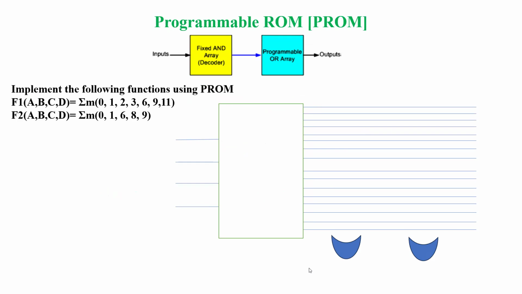The first one is about programmable ROM. In this block diagram, you can see that in the first section we have a fixed AND array, and in the second section we have a programmable OR array.